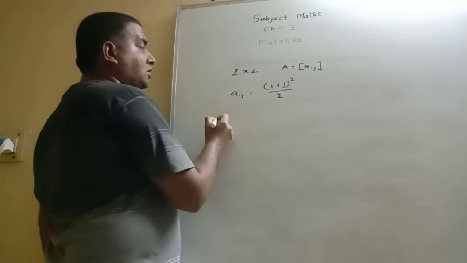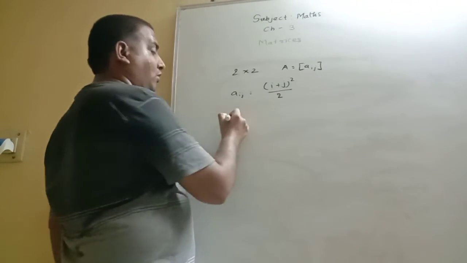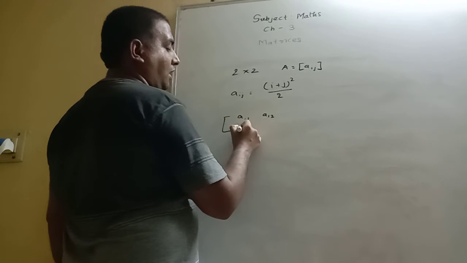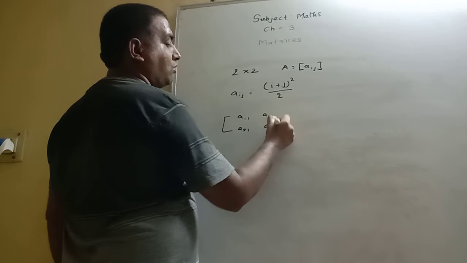So a 2 cross 2 matrix means 2 rows and 2 columns. So A11, A12, A21, A22.